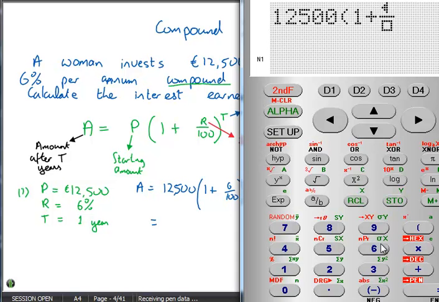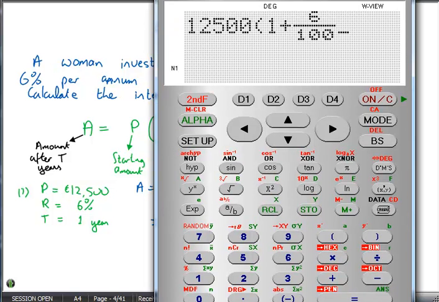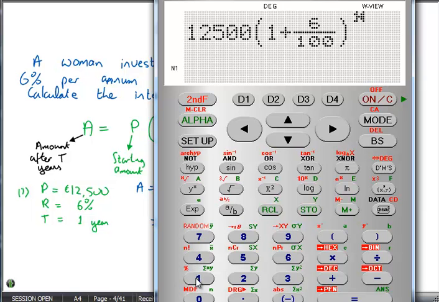And we've got a 6 above the line, arrow down for 100, arrow across, and close the bracket. And this is to the power of 1 because it's time for 1 year. So once it looks like this in your calculator, you'll definitely get the correct answer. We just press equal to there.